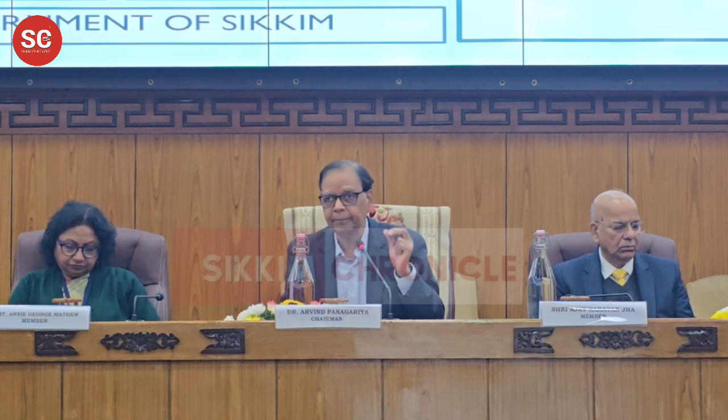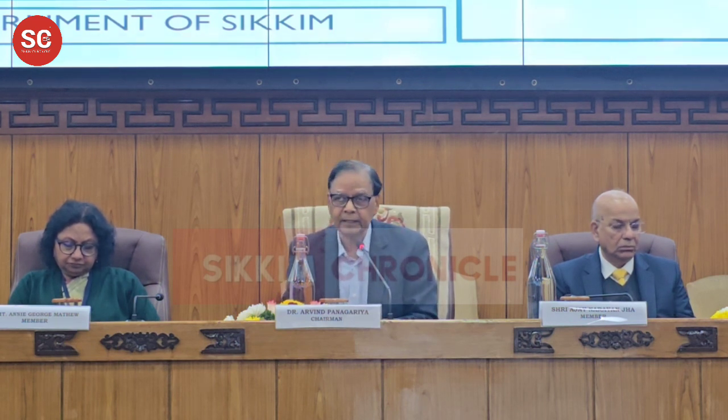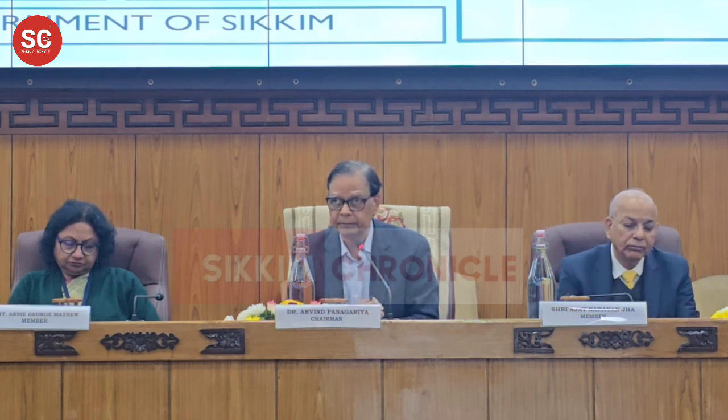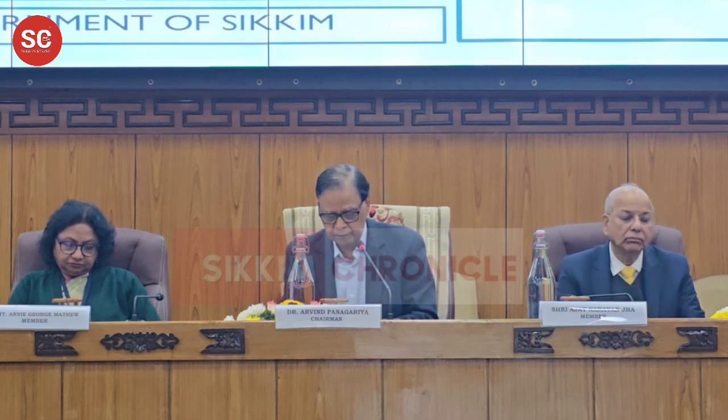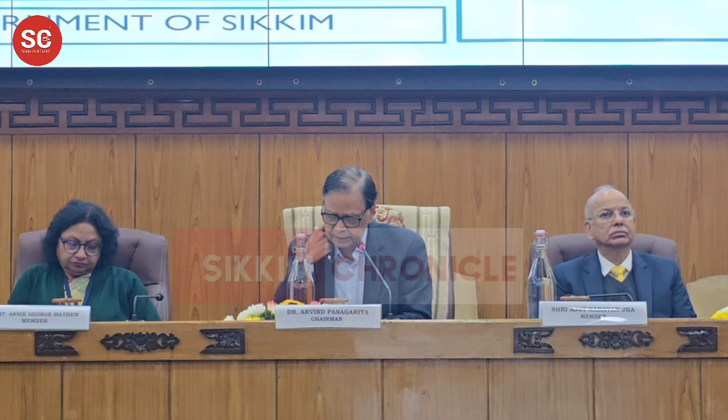So this is a new criterion suggested by the Sikkim government, with a suggested weight of 10%. Forest cover is the fifth criterion, which was used also by the 15th, and they gave a weight of 10% to that criterion.